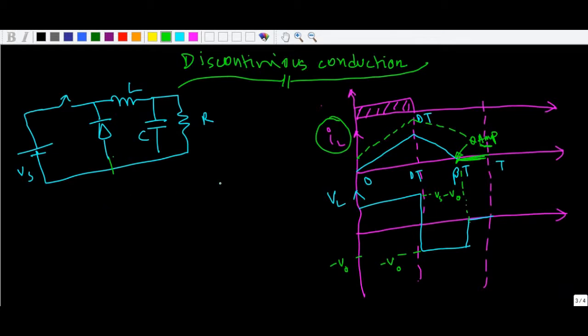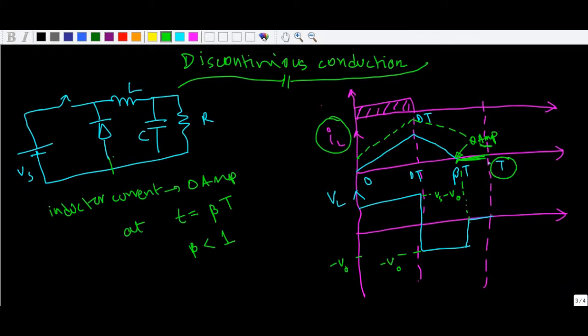So let us assume that the inductor current reaches 0 ampere at t equal to beta times T, where beta is less than 1, because it is still not a complete time interval. It will happen within a time interval, so it is less than 1, and this value of beta is more than the duty ratio of the switch, which is greater than 0.